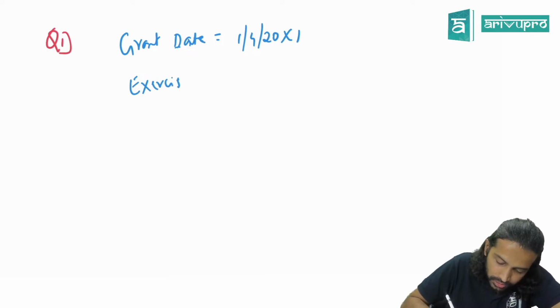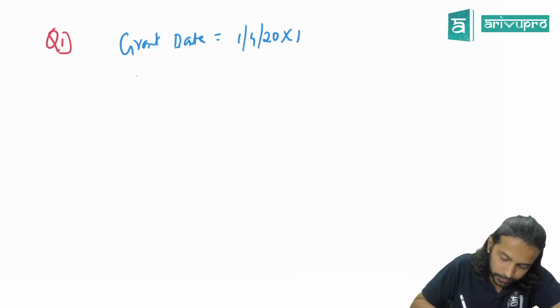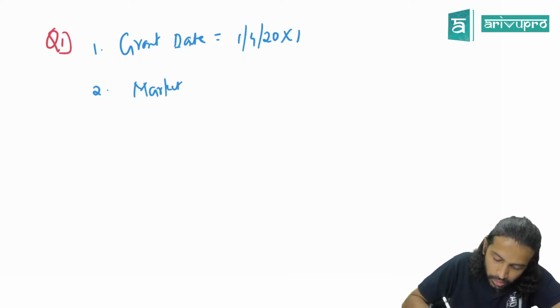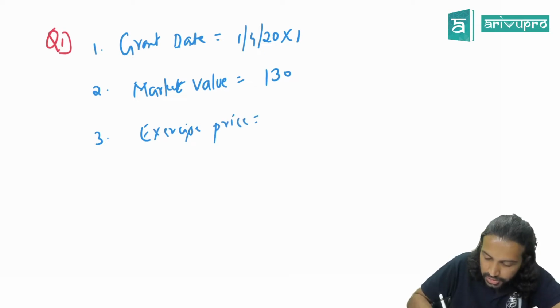First we'll write down market value; it will be easier for presentation. I'll call this 1, and this 2. Market value, do you know? Market value is about 130. How much is the exercise price? Exercise price is about 40.